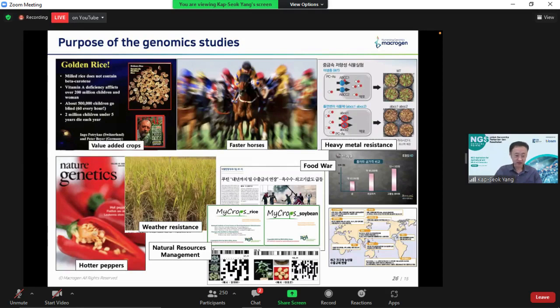And this is an example of natural resources management that was issued by the Korean government that controls the genotypes or the phenotypes of the rice and soybean. This is just an example.